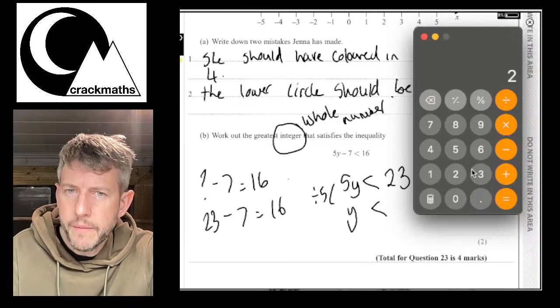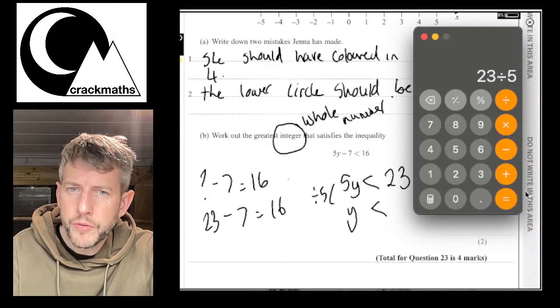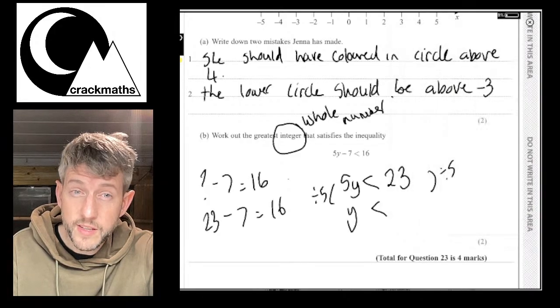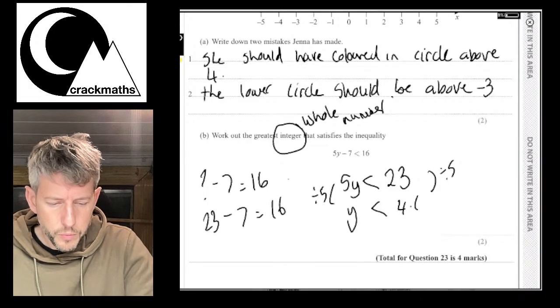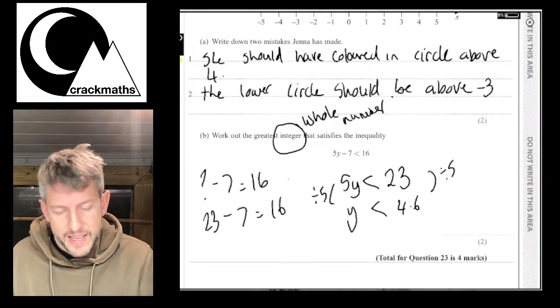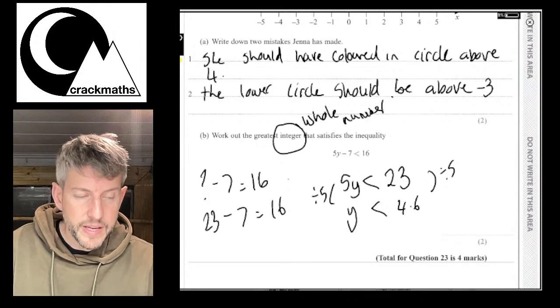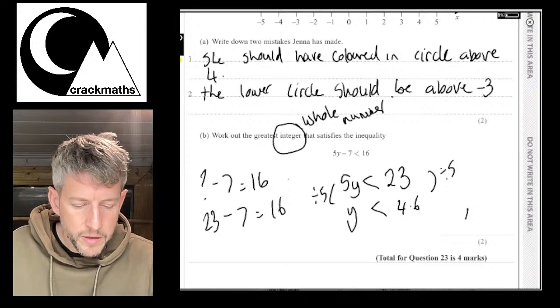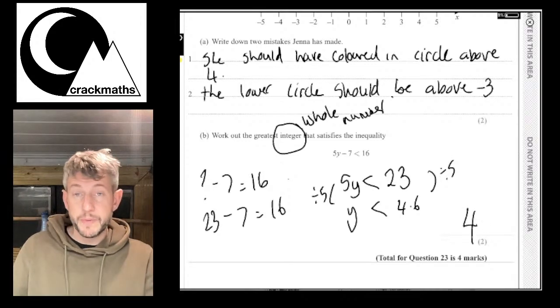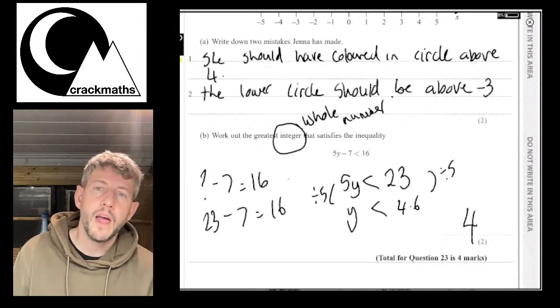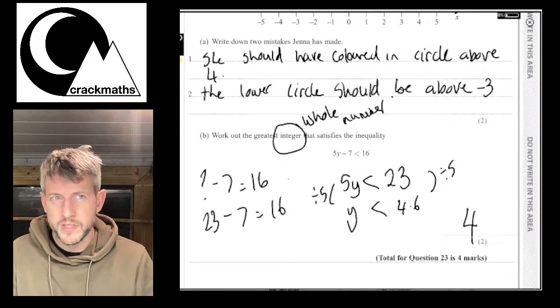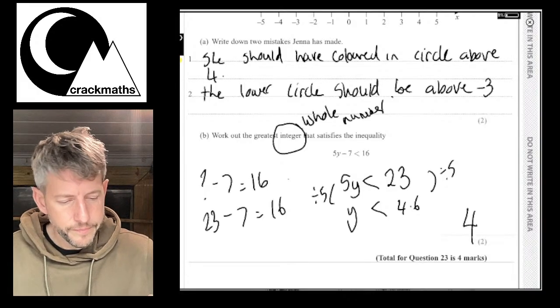So 23 divided by 5 equals 4.6. Here we go, 4.6. So y has to be less than 4.6. So work out the greatest integer that this could be. So the greatest integer would be 4, because if y has to be less than 4.6, it can't be 5. And the first whole number less than 4.6 is 4.